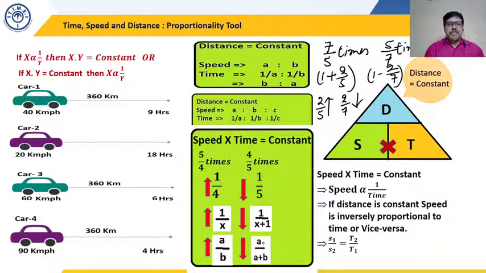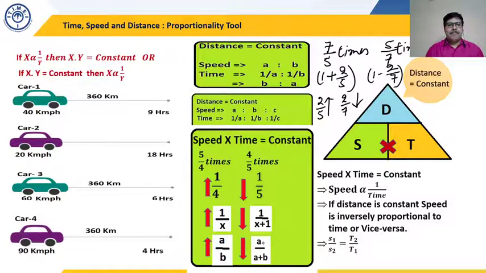I hope this is clear. This is a golden rule. You must remember this technique. So ratio is important and this fraction rule is equally important. We are going to apply all these techniques to some practical problems.